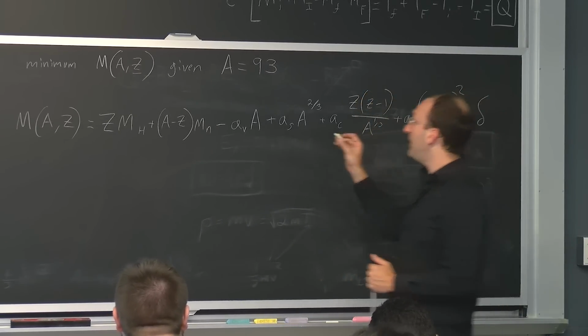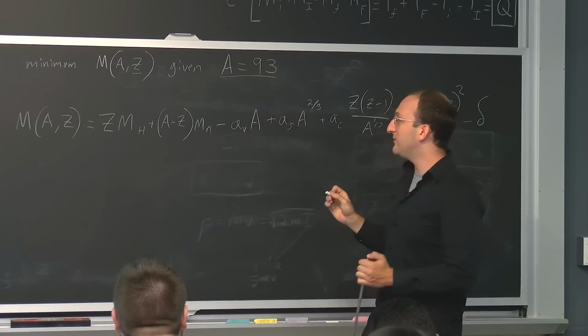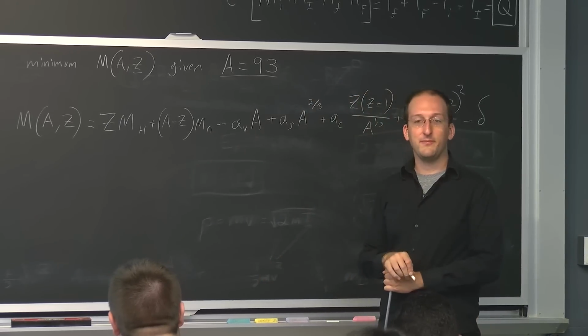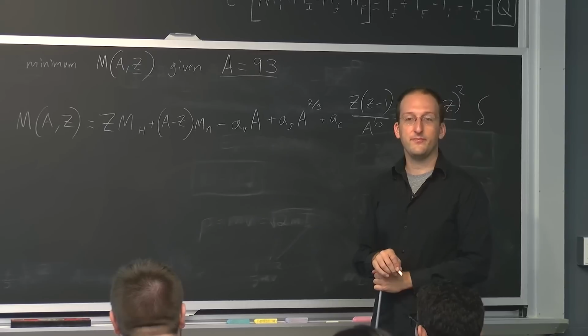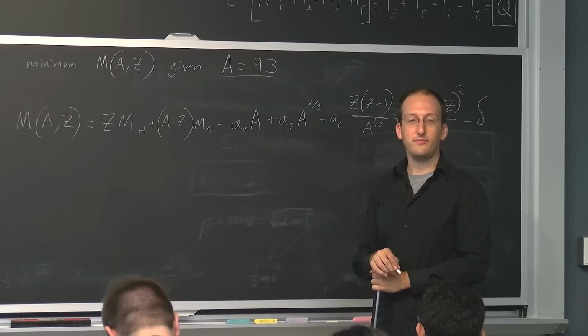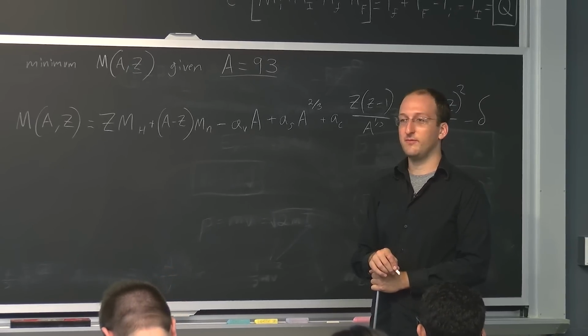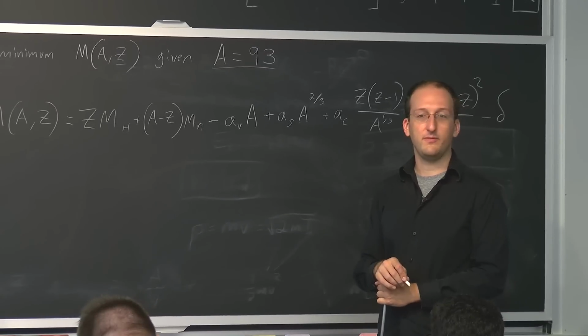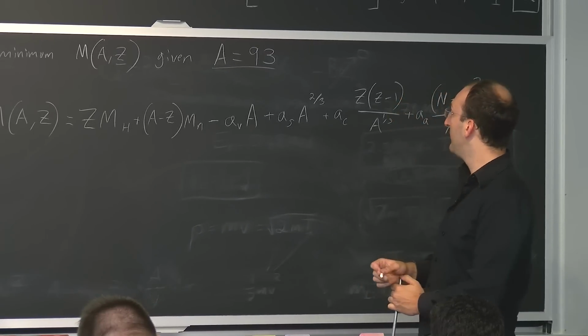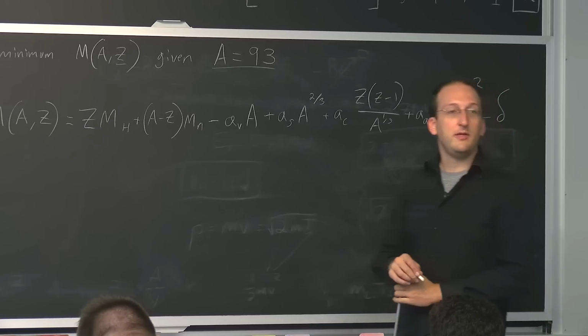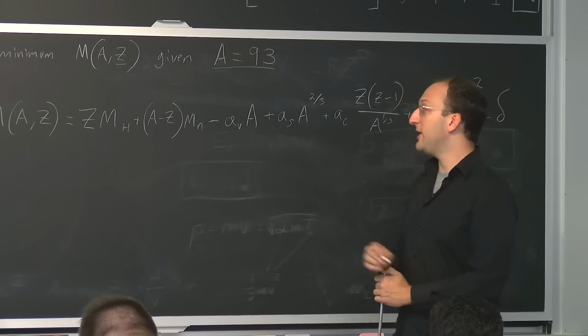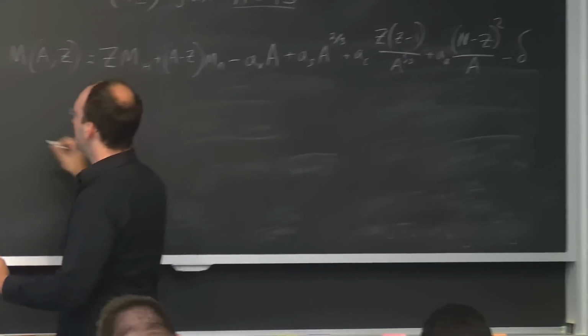So for a fixed A equals 93, we want to find what is the most stable Z. How do we do that? Anyone have an idea? Yeah? Differentiate. Sure.